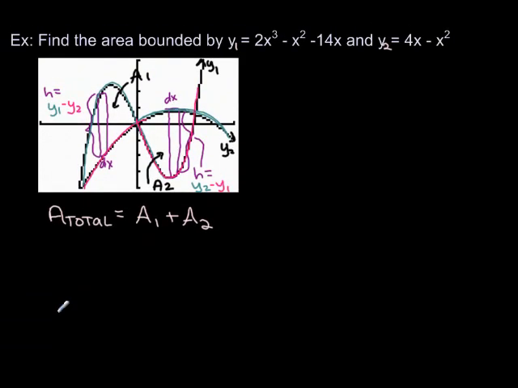Now, if we want to set up the integrals that represent area 1 and area 2, the next thing we're going to need is the intersection points. I need to know where these two functions intersect. I'm going to do this off to the side here.